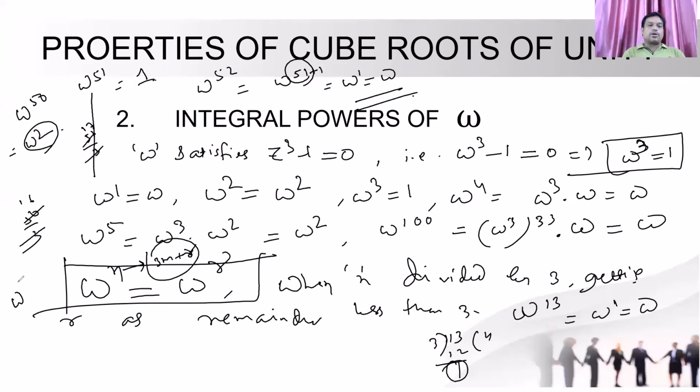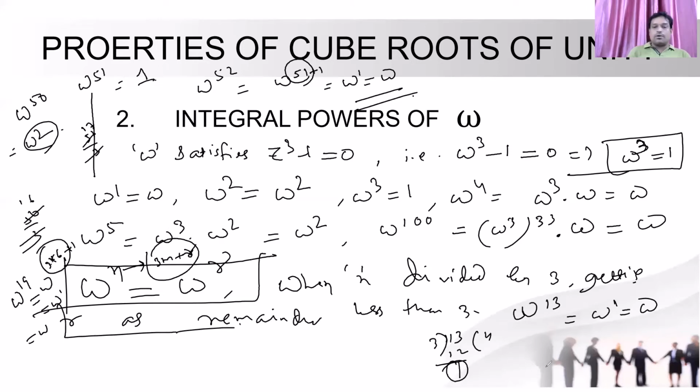Suppose omega to the power 19. So omega to the power 3 into 6 plus 1, 3 sixes are 18 plus 1. So the answer is omega to the power 1, or omega.